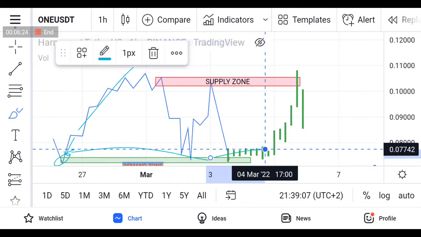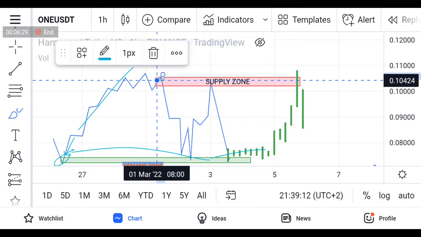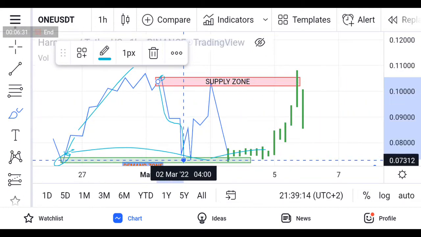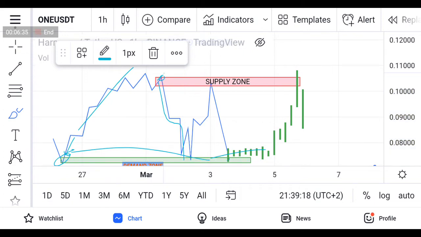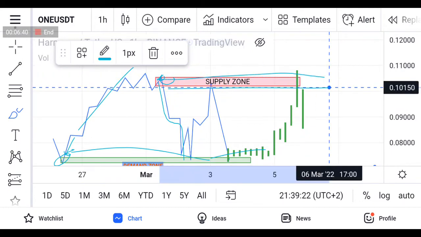Okay, then from here you had a strong drop in price. So instead of trying to chase the market, you just take this area and draw your supply zone.